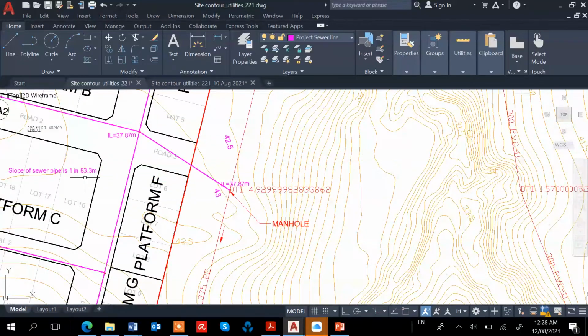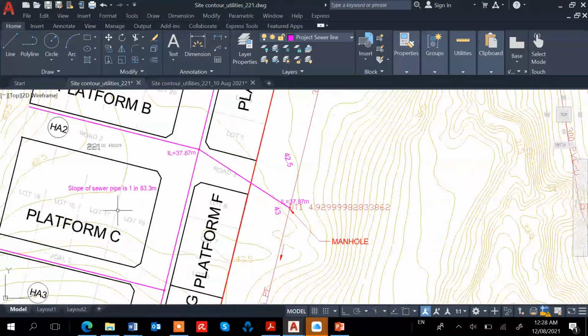So this is the guideline. From this gradient we can find the invert level at these various points.